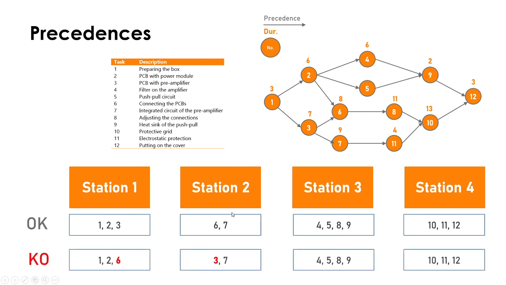But if you suggested an assignment like this, that would not be a good solution, because you've scheduled 6 before 3. That is wrong, because that might mean that you are connecting the PCBs prior to installing one of them. That wouldn't allow you to obtain an actual amplifier, and that's why that is not a good option.